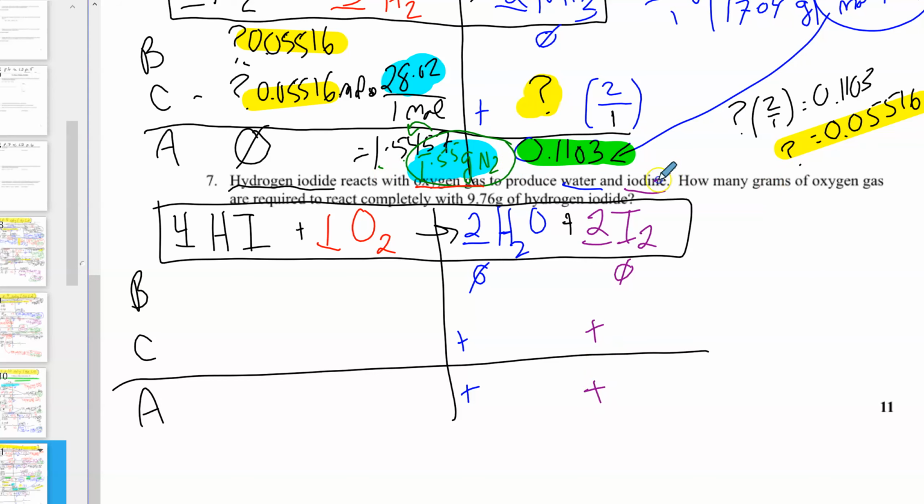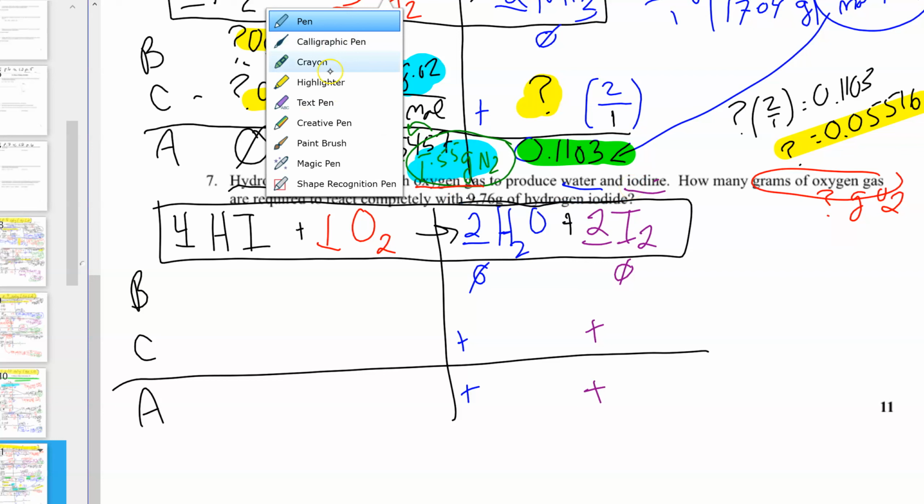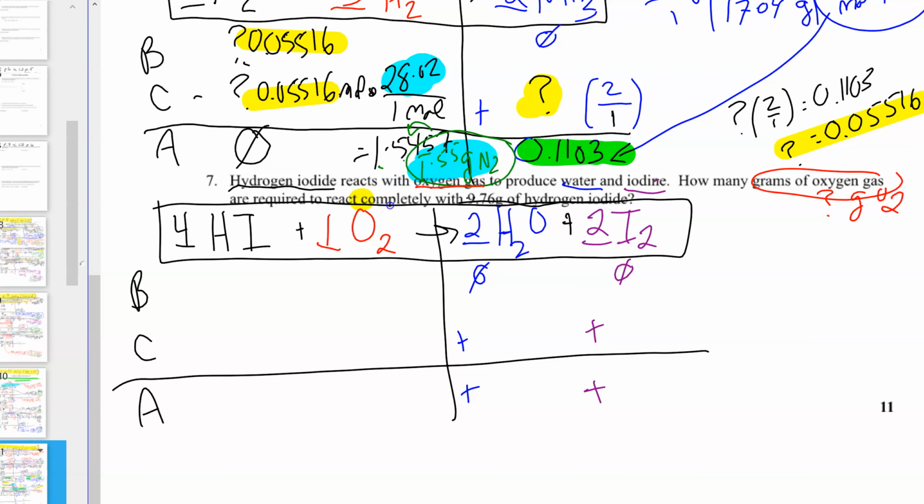So they want to know how many grams of oxygen, so question mark, grams of O2, are required to react completely with 9.76 grams of hydrogen iodide. Before I do anything else, that key word right here, the completely, that is telling me that there is going to be nothing left. Each one will be completely used up in the reaction.